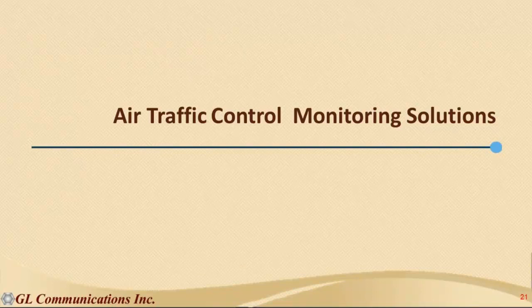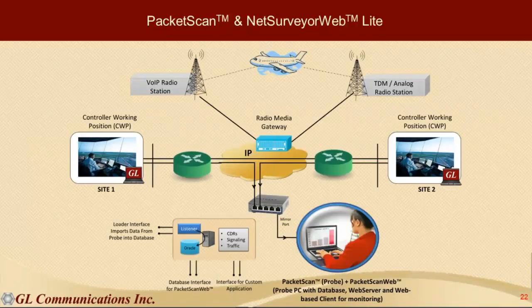the monitoring solutions. We have two monitoring solutions, Packet Scan and NetSurvey Web, that work hand in hand to provide real-time and offline analysis of the ATM network. This image shows a simple ATC network where we have all the air-to-ground and ground-to-ground calls happening.